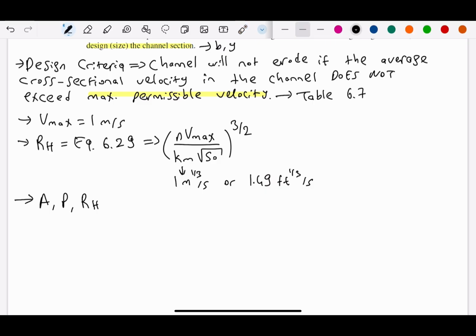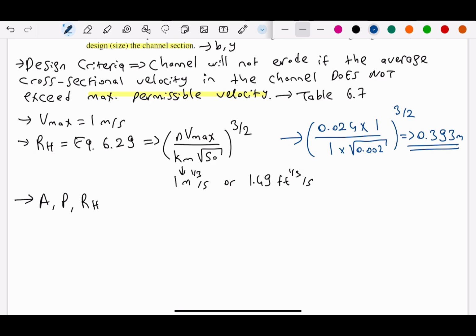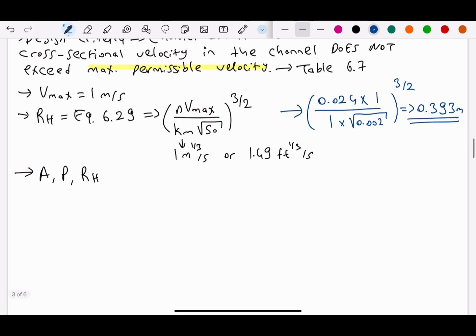So let me get started with hydraulic radius. So n is 0.024, velocity is 1. Since we are using metric units, we have 1 times 0.002 as the channel slope. And this is giving us 0.393 meters. So that we have calculated hydraulic radius.